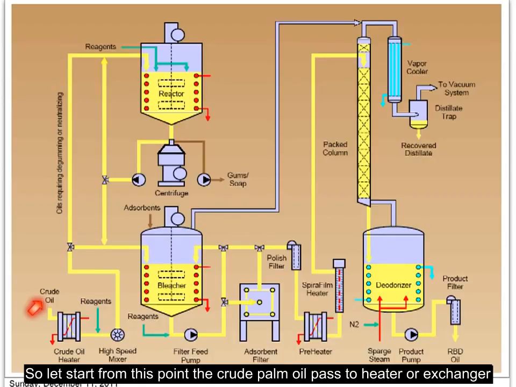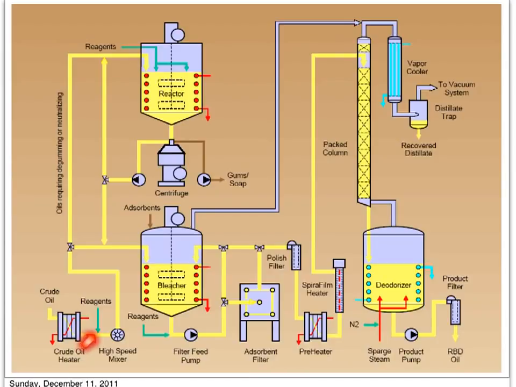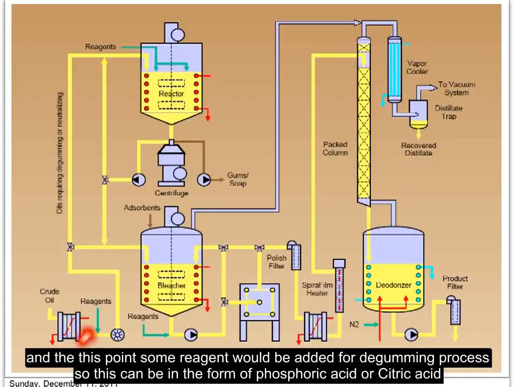This is crude oil. It will pass through a heater or a heat exchanger. The oil will be heated to increase the temperature and reduce the viscosity so that it can flow easily through the processing line. And at this point, some reagent will be added for the degumming process.